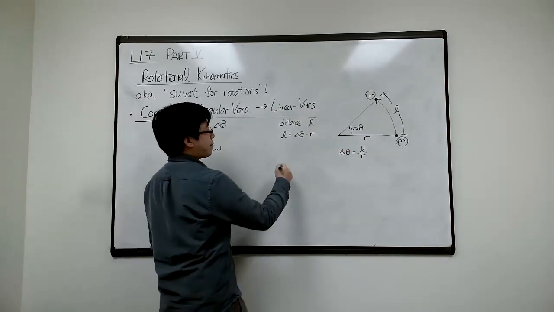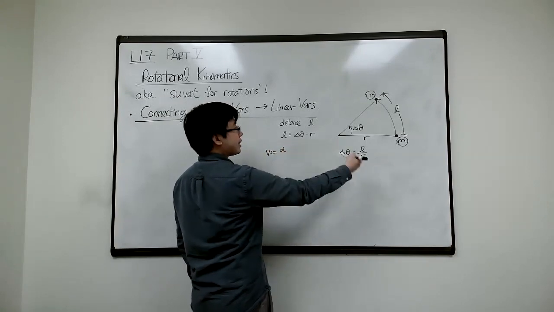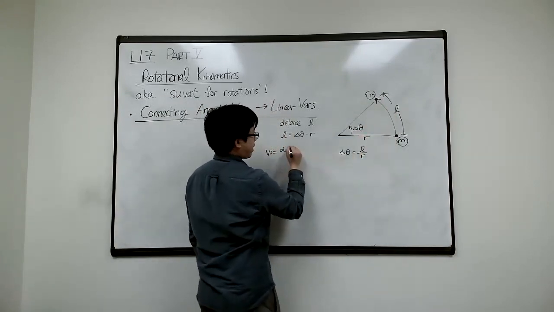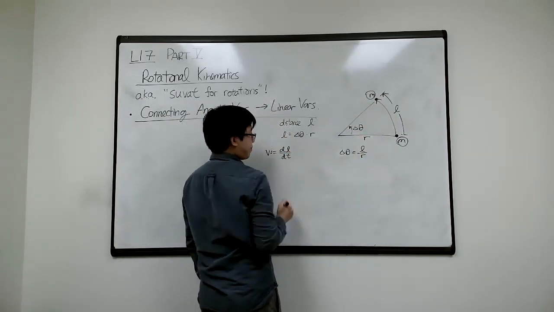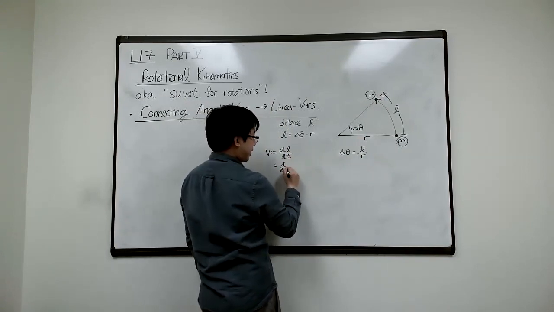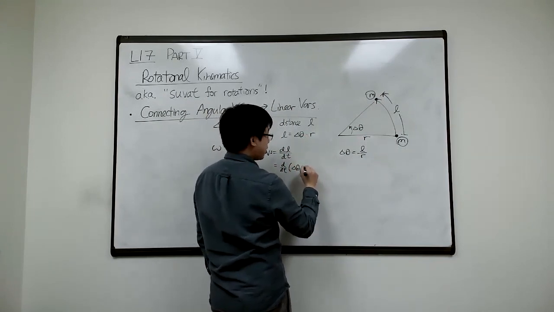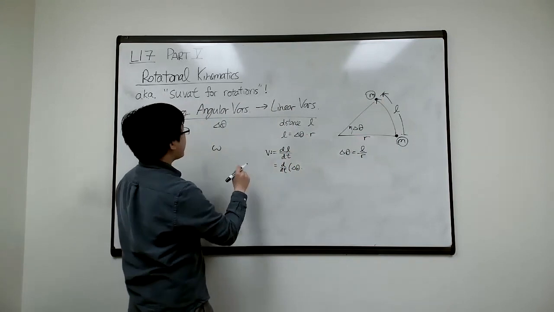So how do I get linear velocity? Well, linear velocity, the definition is the distance per time, right? So the rate of change of L per unit time. And so what we have is d/dt of delta theta times r. You know what?